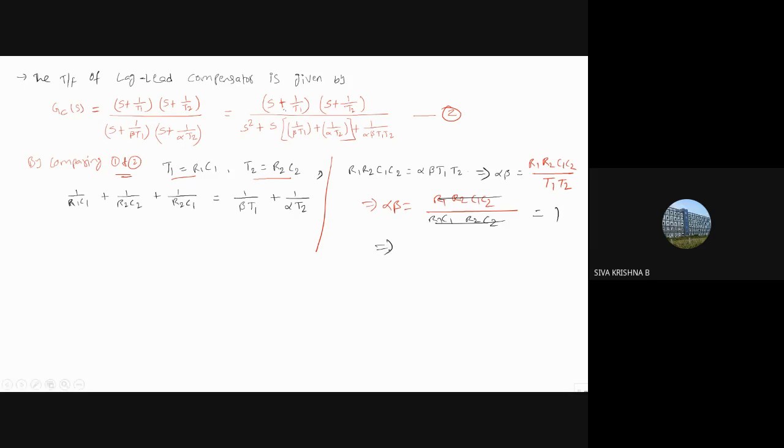From this, what is alpha? 1 by beta. Very good. So that implies alpha equals 1 by beta. Just put a note there.